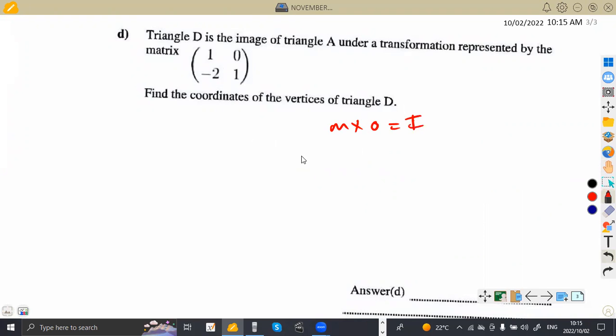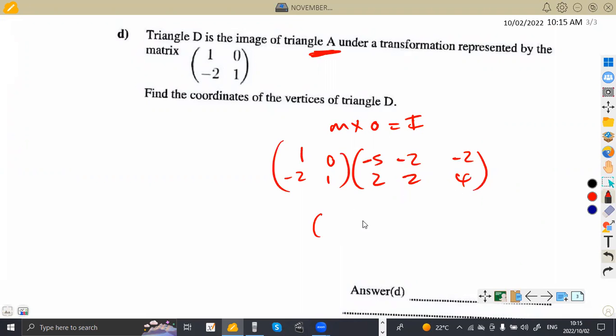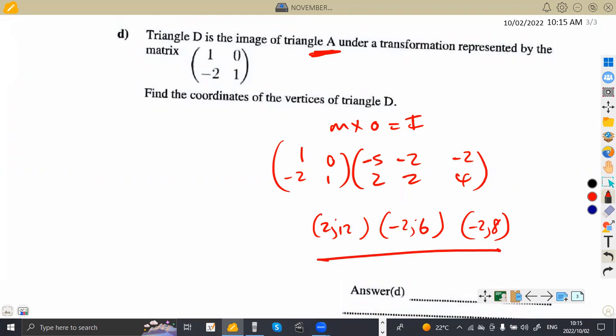The matrix is already given, 1, -2, 0, 1, times the object now, which is triangle A. So you write the coordinates of triangle A. Remember, it was -5, 2, -2, 2, -2, 4. So guys, I want you to multiply. If you multiply properly, this is what you're going to obtain as your coordinates: 2, 12, -2, 6, and -2, 8. So make sure that you multiply properly, guys.